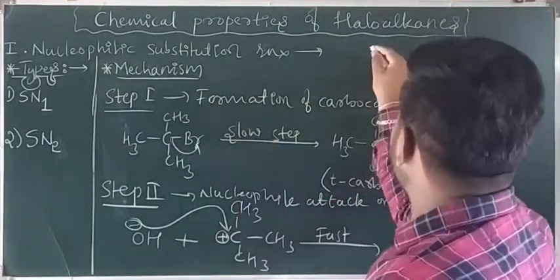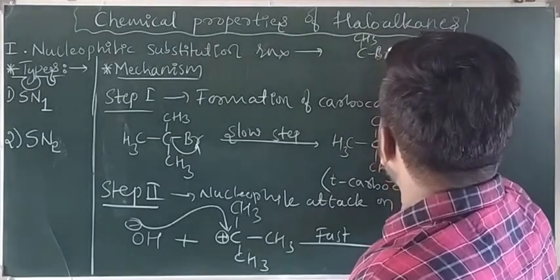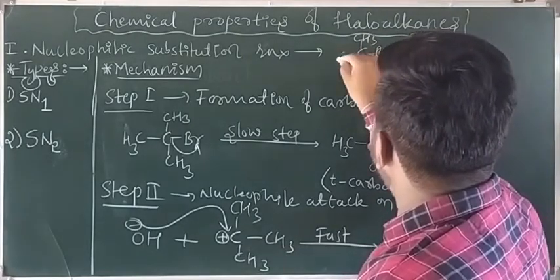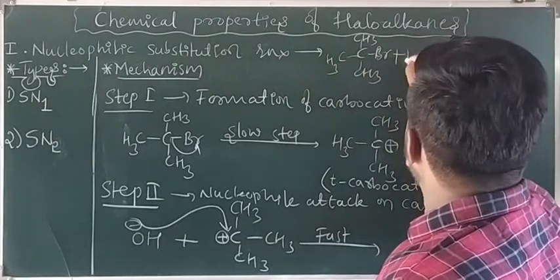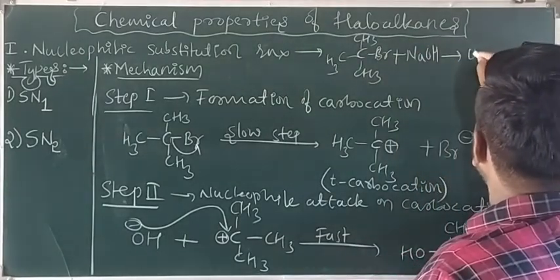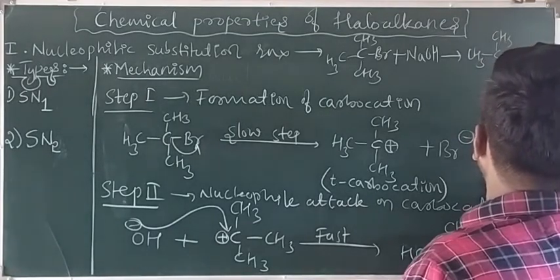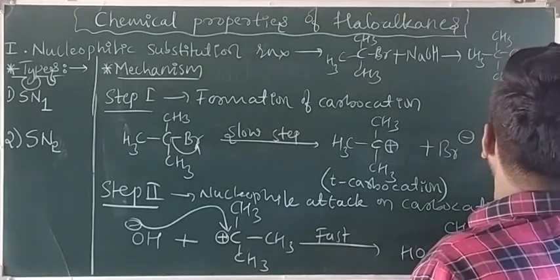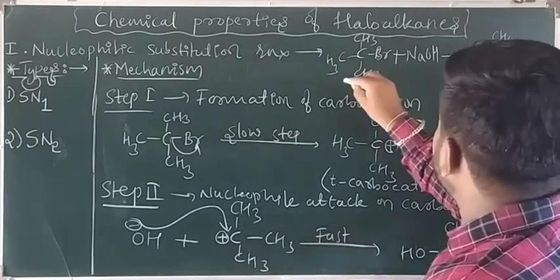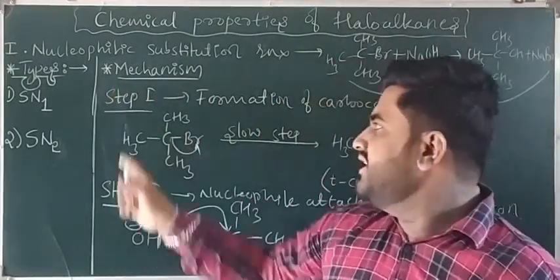What is the reaction here? Tertiary butyl bromide, when treated with NaOH or any basic medium, gives CH3, CH3, CH3, and here alcohol, plus NaBr.